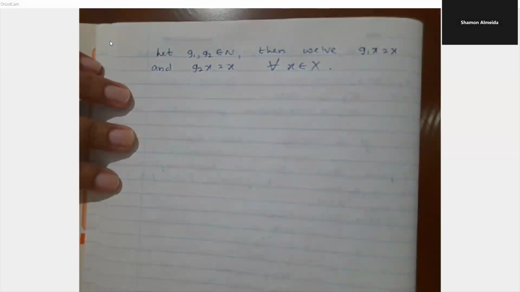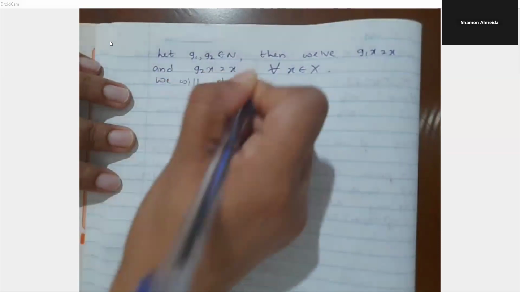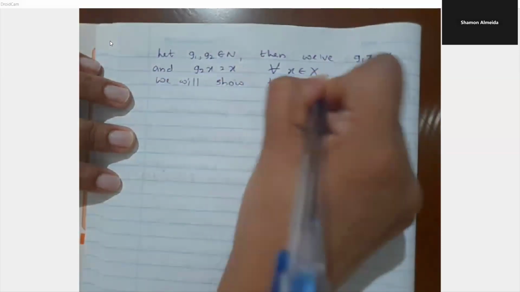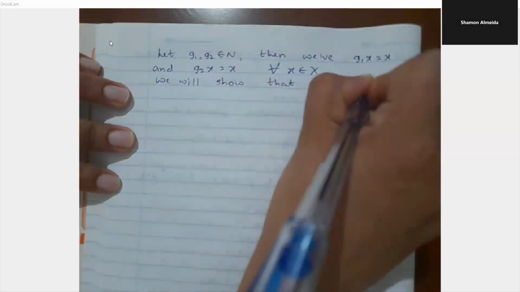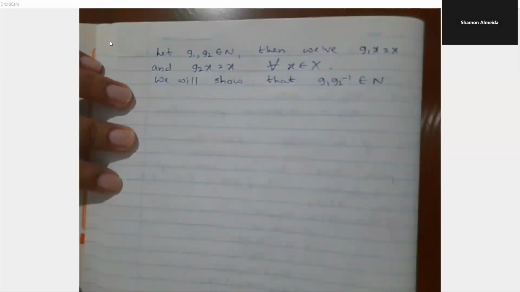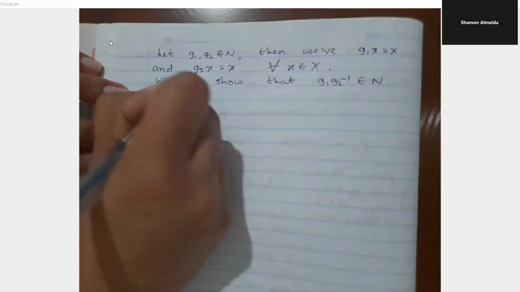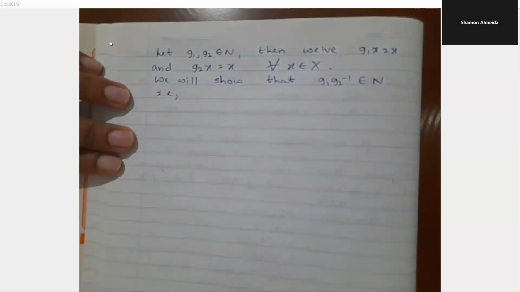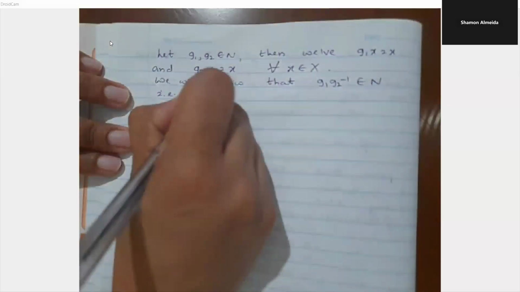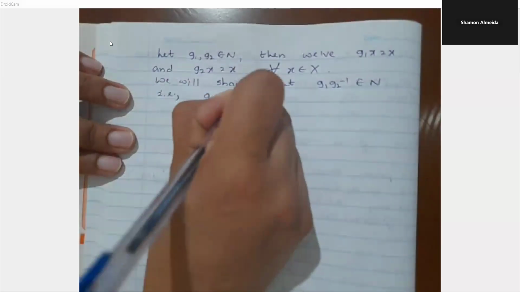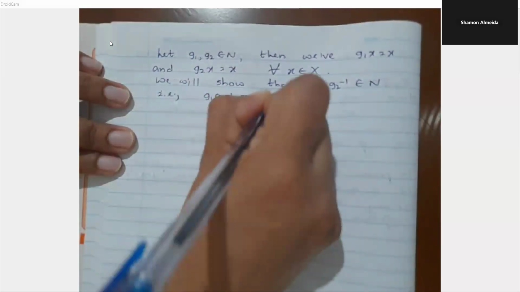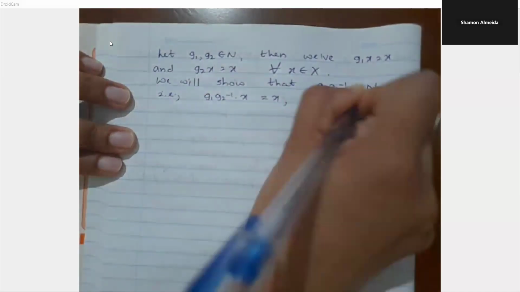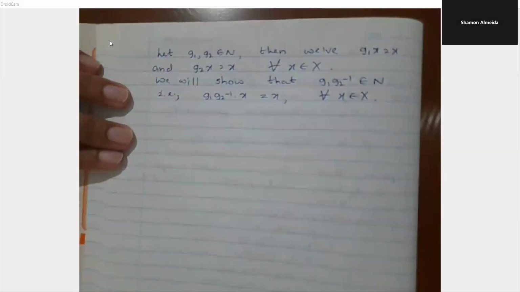We will show that G1, G2 inverse is in N. How do we show that this element belongs in N? It has to satisfy the definition of the set. In other words, we must show that G1, G2 inverse dot X must equal X for all X that you take from the set.